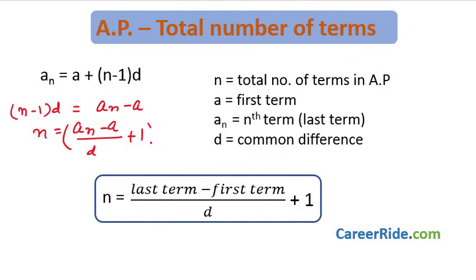Now if I try to see the description of each of the items here, n is equal to total number of terms in the AP. A is my first term, an is my nth term or the last term of the series, and D is my common difference. So if I want to find out the total number of terms in an AP, it is as simple as last term minus first term divided by D plus 1.